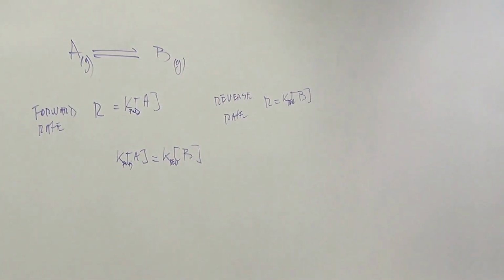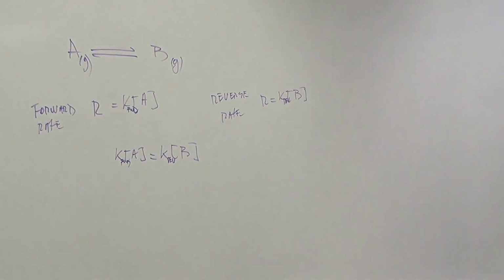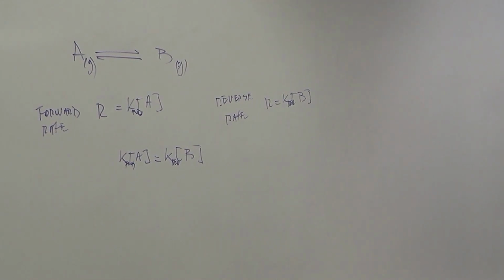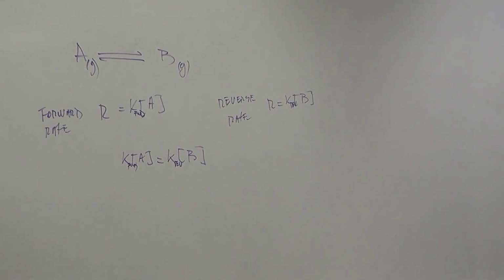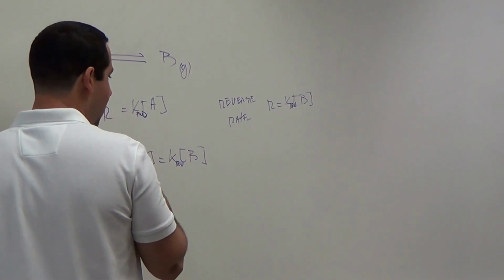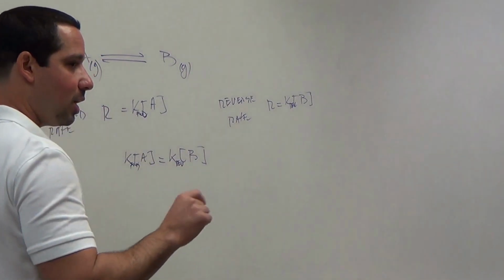So what is this equilibrium? What is an equilibrium to you? If you are at equilibrium, what are you? Dead? No. You're balanced? Very alive. That's what you think, you're balanced? I don't think you're balanced. Yes, if you are at equilibrium, the two rates are the same. And equilibrium is a point that can be calculated.